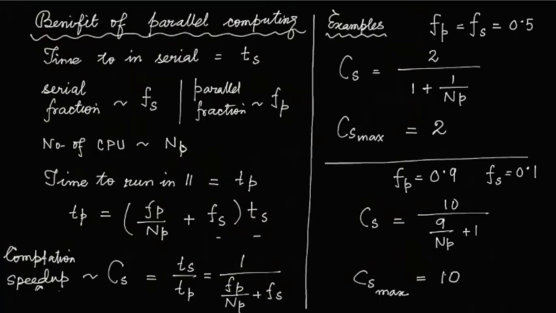Say NP is 100, so it is 1 plus 0.09. 10 by 1.09 is almost 10. And if it is 100, you don't get much, just multiplying the processors by 10 times.